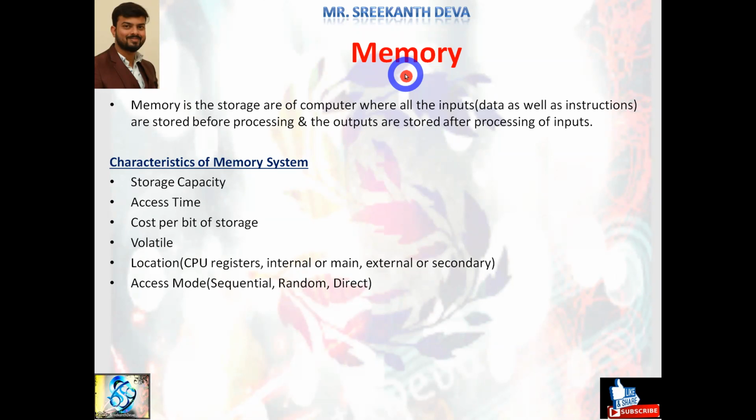Simply remember it: memory enables storage space for data and instructions before, during and after processing. As we discussed, before processing we give data and instructions to the computer with the help of several input devices. The CPU, the central processing unit or processor, is responsible for processing it, right? During processing also requires space. After completion of processing, we get some output or information, which also needs to be stored in some space. That area we call memory.